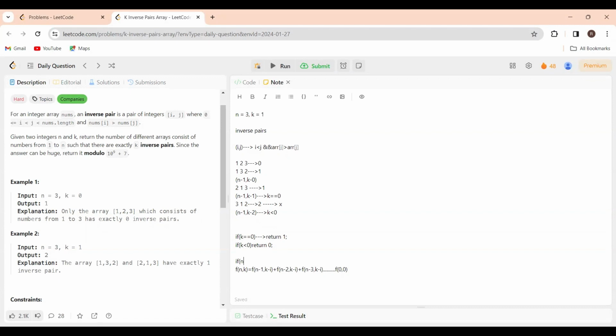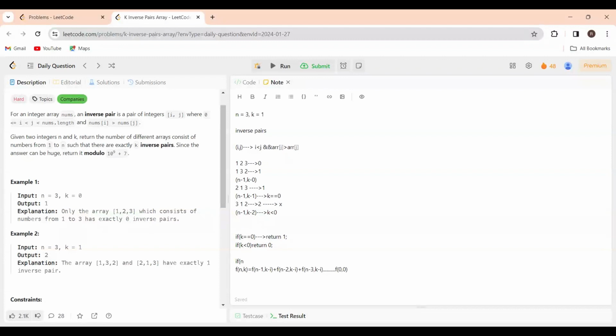If n is 0, there are 0 elements, and with 0 elements we need to make k inverse pairs, which is an invalid case, right? So in this case also we need to return 0.